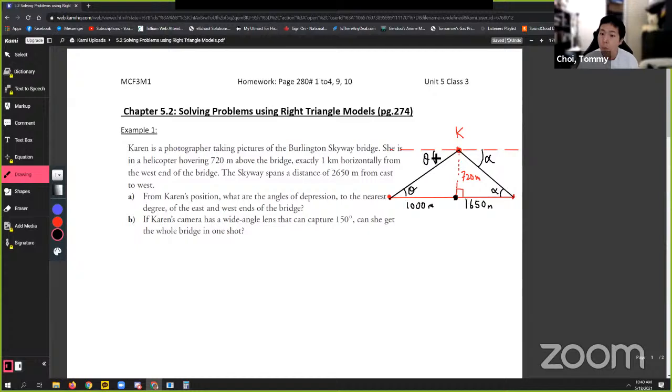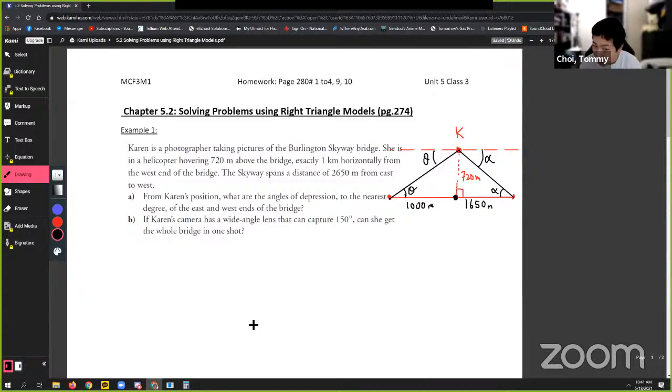So instead of figuring out, oh my gosh, that's not even part of the triangle, don't panic. It actually is. The angle of depression is equal to the angle of elevation. So this is actually also theta, and this is actually also alpha, which breaks our triangle to be much easier like this. But I'm going to keep that there just so that people can see. Okay? So this is part A.